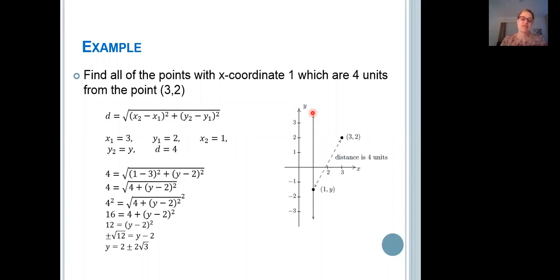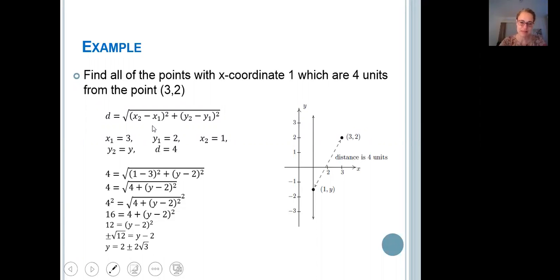We start with the distance formula. The distance between any two points in space is given by the difference in the x coordinates squared, added to the difference in the y coordinates squared, and then take the square root of that sum.